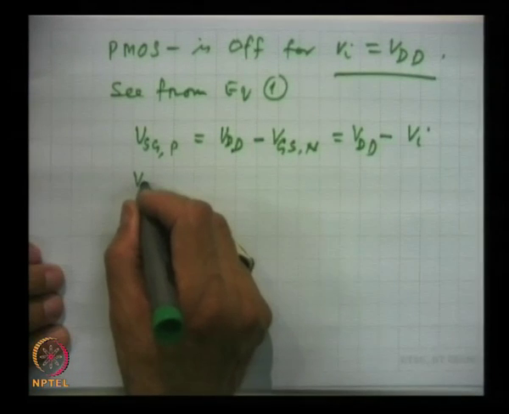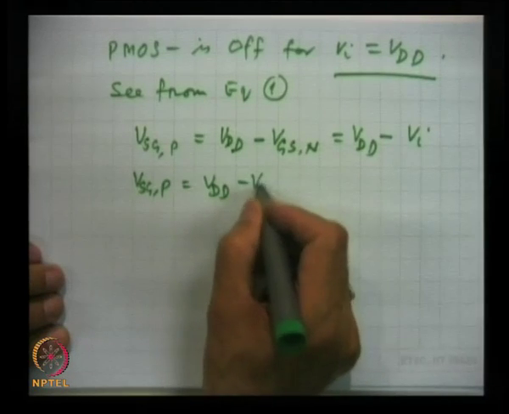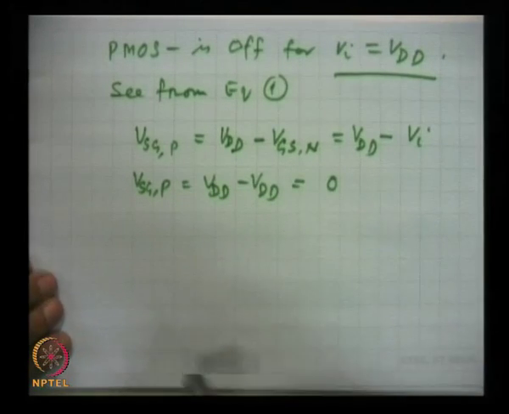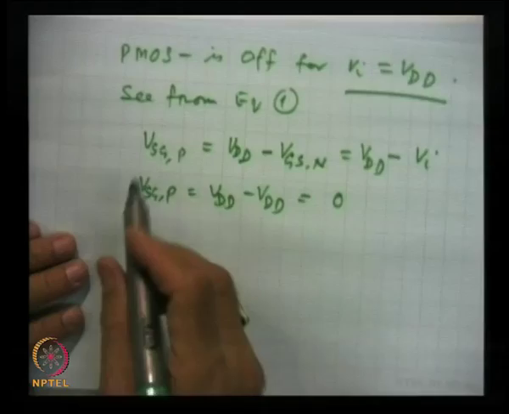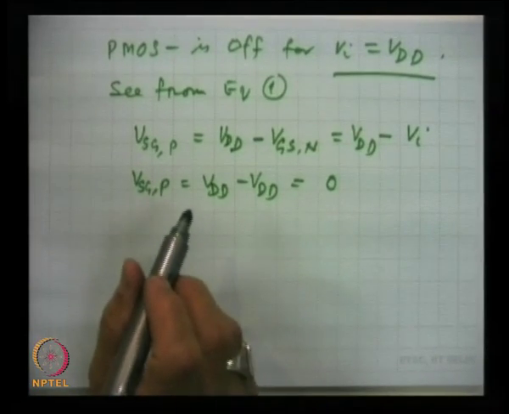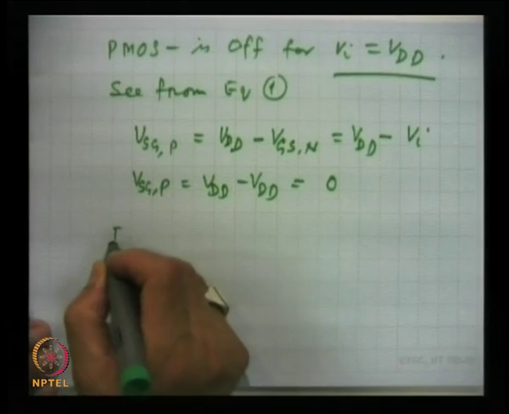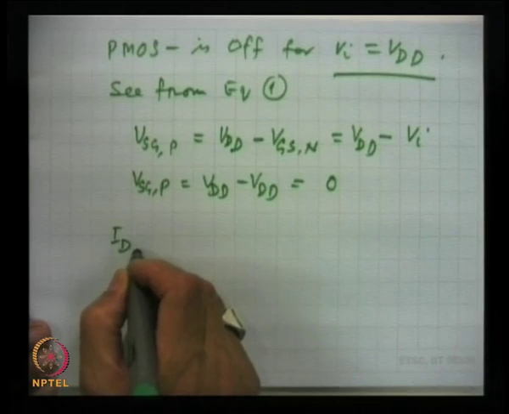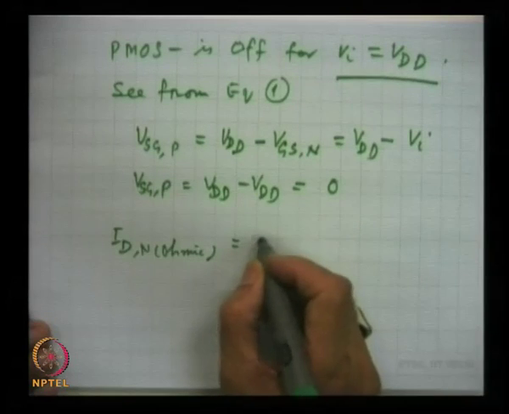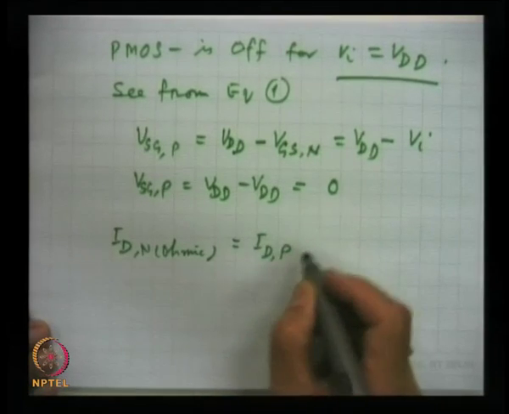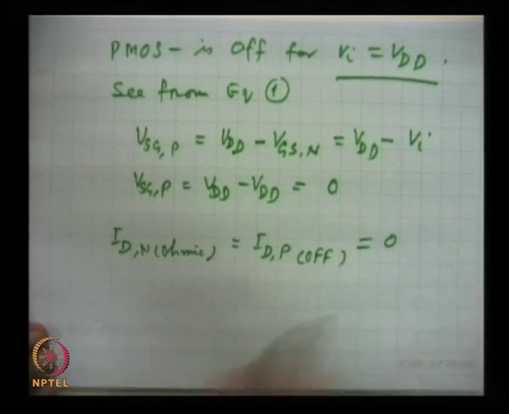So, VSGP is VDD minus VDD, which is 0. Therefore, PMOS is off, but because of the fact that both are connected in series, IDN ohmic should be equal to IDP off, and this is equal to 0.